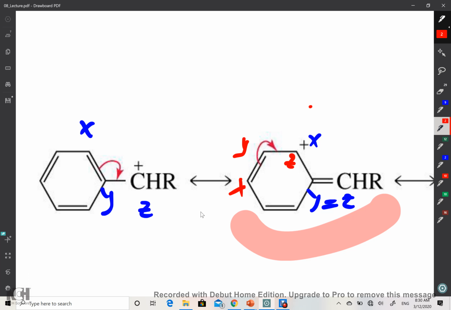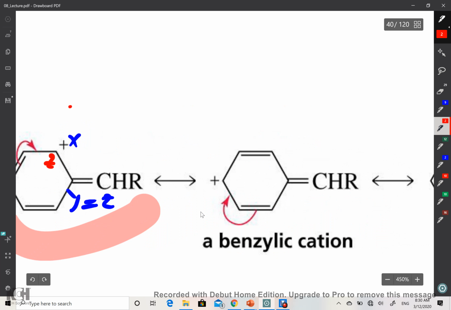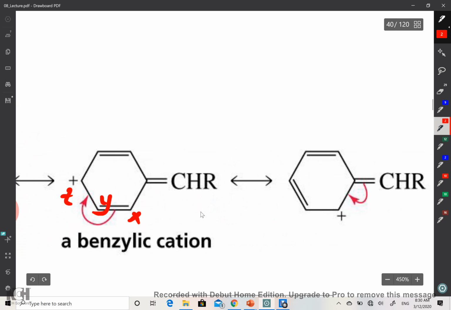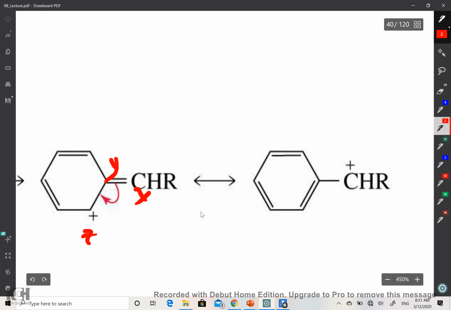And then I do the same thing. I push the arrow exactly the same way, and I have this resulting molecule. And on that resulting molecule, I see another allylic system in there, XYZ. Do you see that? And you push the arrows, you have this. And when I have that, I see another allylic system, XYZ. And I push the arrows exactly the same way in order to have that.